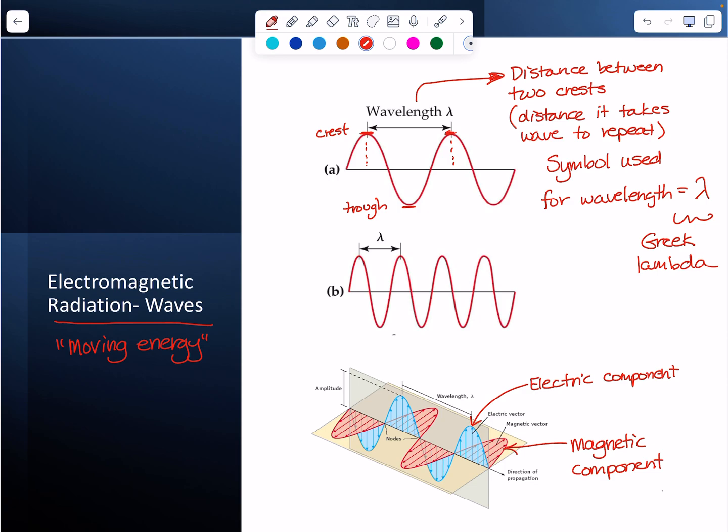If you look at the two waves shown on this slide, the wave that is down lower, wave B, has a shorter wavelength than the one up at the top.